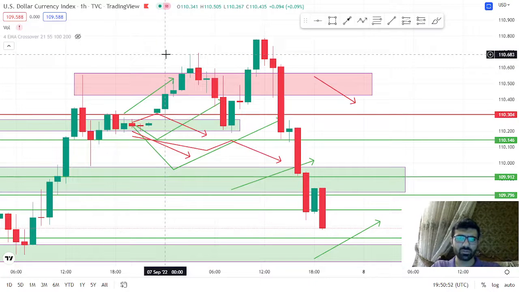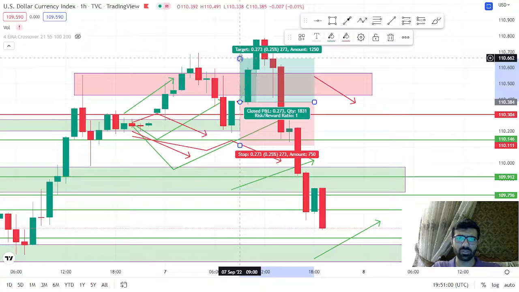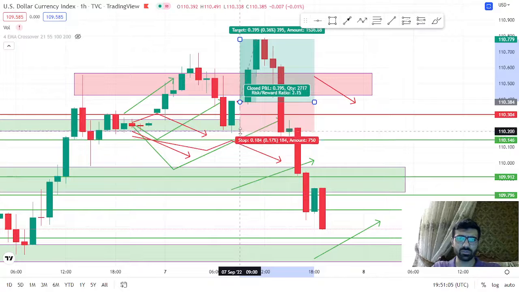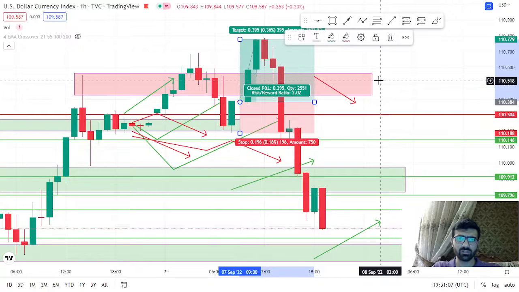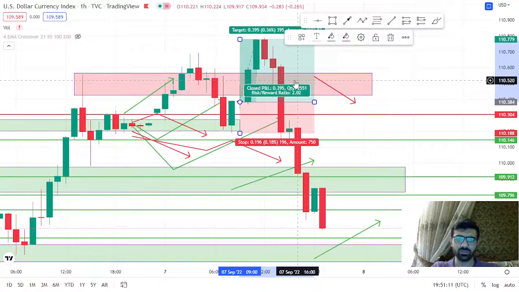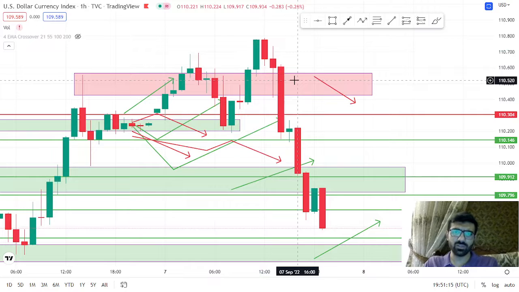Okay, so the next area of buying was this. So if we entered our buying scenario over here, we would have made profit till here, and our stop loss would be exactly below this candle. So this is a 1/2 trade and 2% profit easily from this trade. So overall, three scenarios have been hit so far.